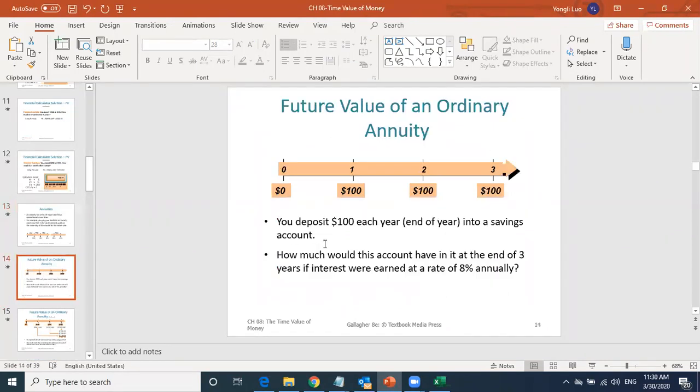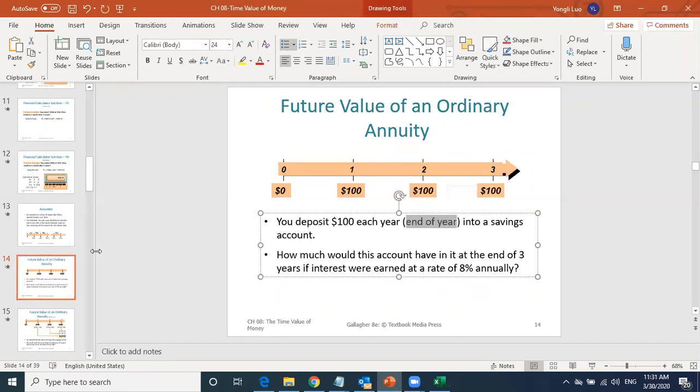For example, you deposit $100 each year into a savings account. Say you have kids who are going to college, and you save for their college money, so you deposit $100 every month into that account. What will be the future value? The future value of an ordinary annuity is that $100 at the end of each period.